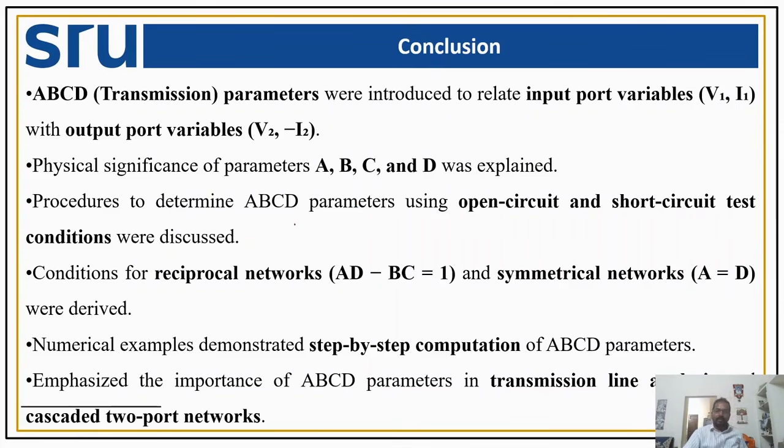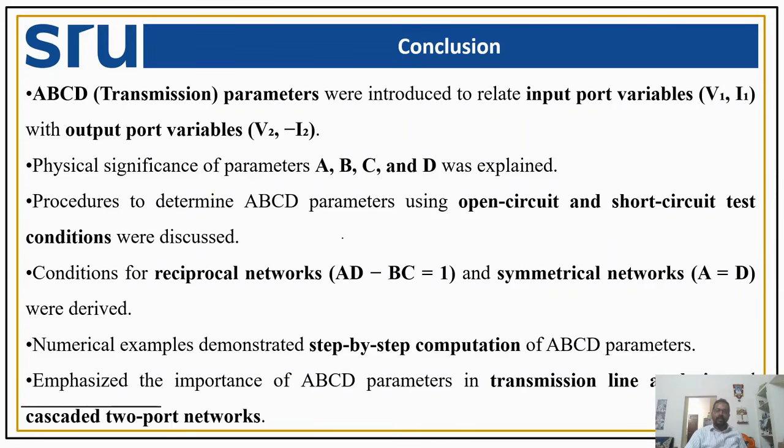Then we have seen the significance of the ABCD parameters, A, B, C and D. A and D are voltage gain and current gain. B is impedance and C is admittance. So B is the short circuit reverse transfer impedance, and C is the open circuit reverse transfer admittance.